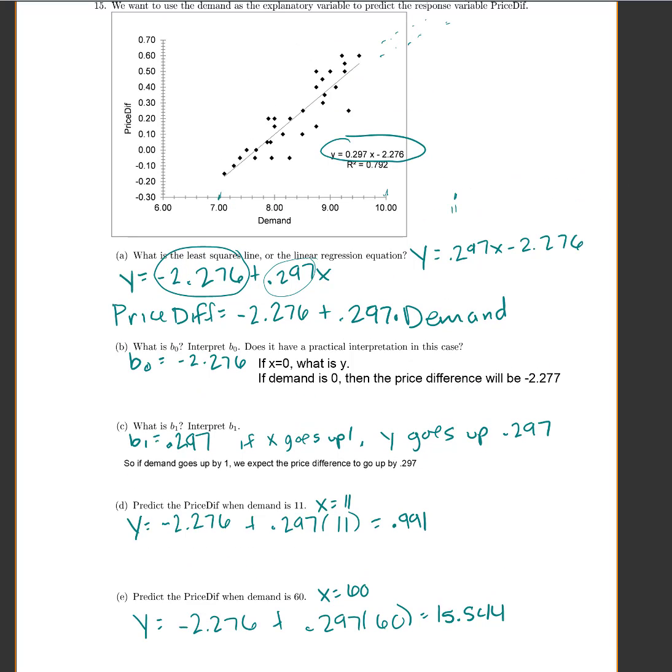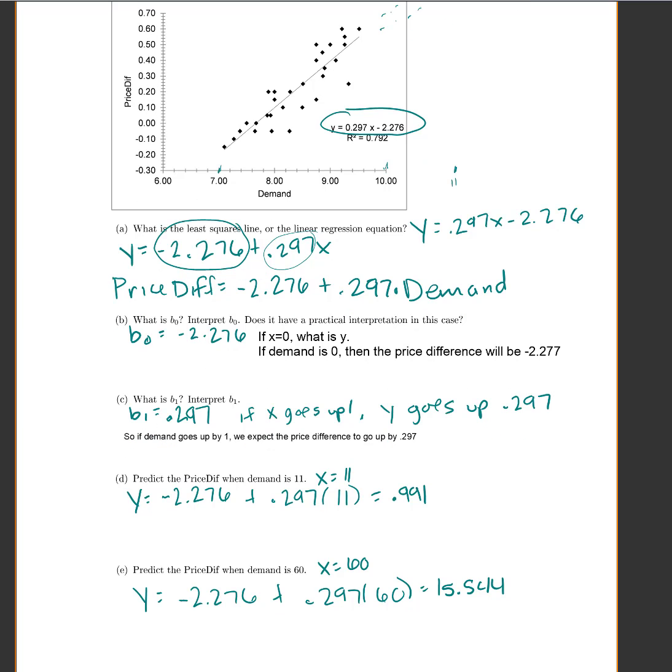I have no idea if that relationship keeps going up in that straight line by the time I get way off to x equals 60, and I'm probably not going to trust that at all. So I would make a note that this is extrapolation, and I probably won't trust it, just because x equals 60 is so far from all of the rest of our data values.